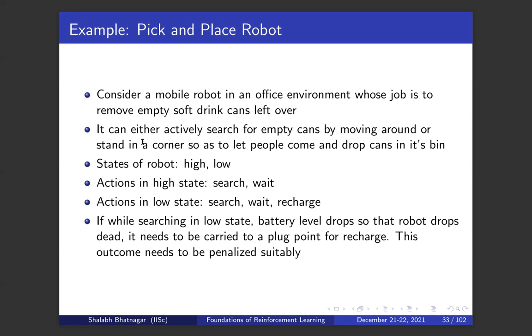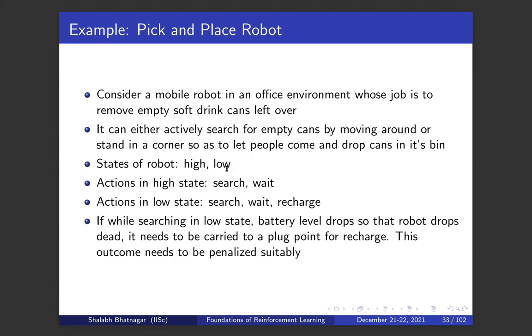Okay, so there are now these two actions that it needs to decide on, whether to actively search for empty cans by moving around, or else stand in a corner and let people come and drop cans in its bin. Now the state of the robot could be either high or low, denoting the charge level.